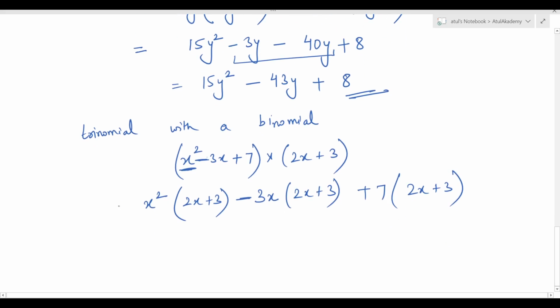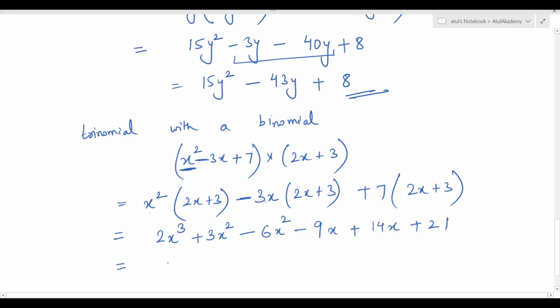Let us go to the next step. X square into 2x is 2x cube. X square into 3 will be plus 3x square. Minus 3 into 2 will be 6x square. This will be minus 9x, then it is plus 7 and 2x will be plus 14x and plus 21.